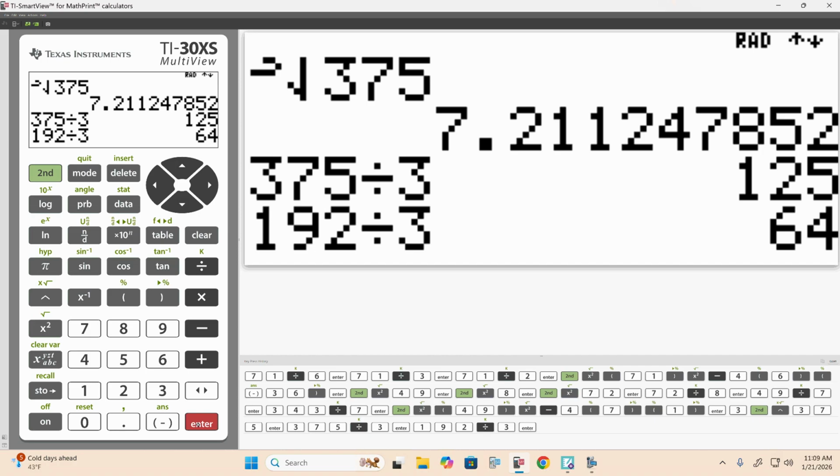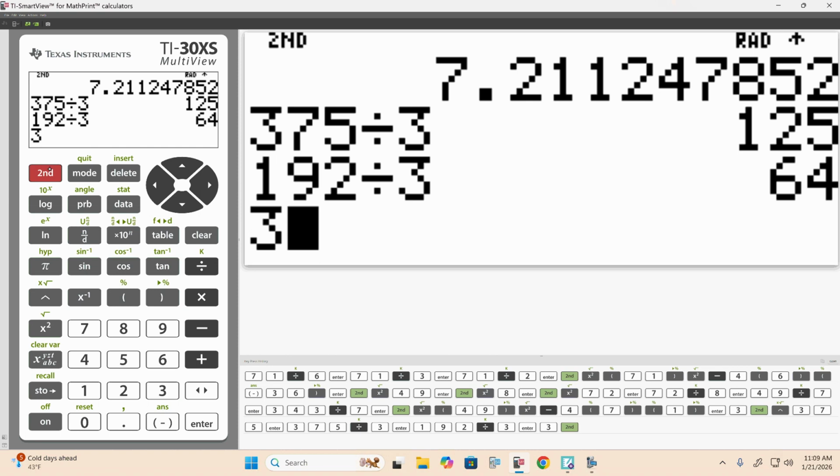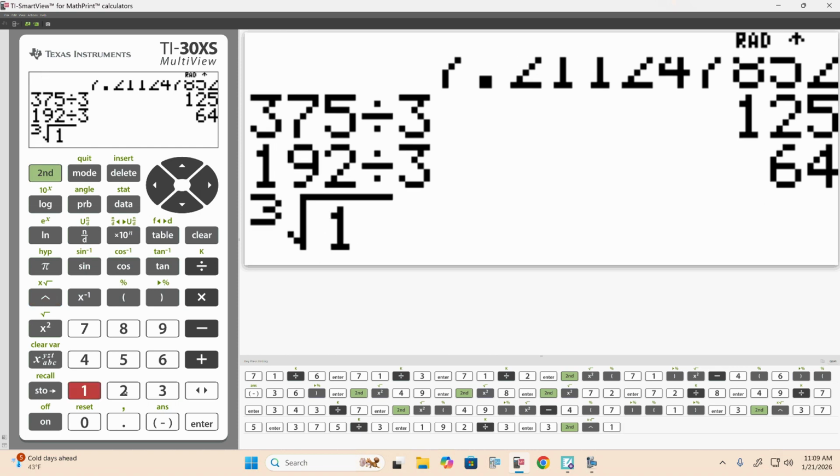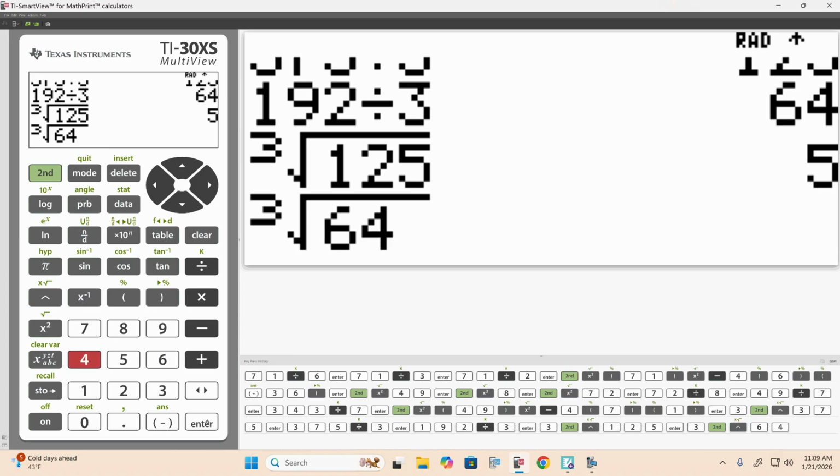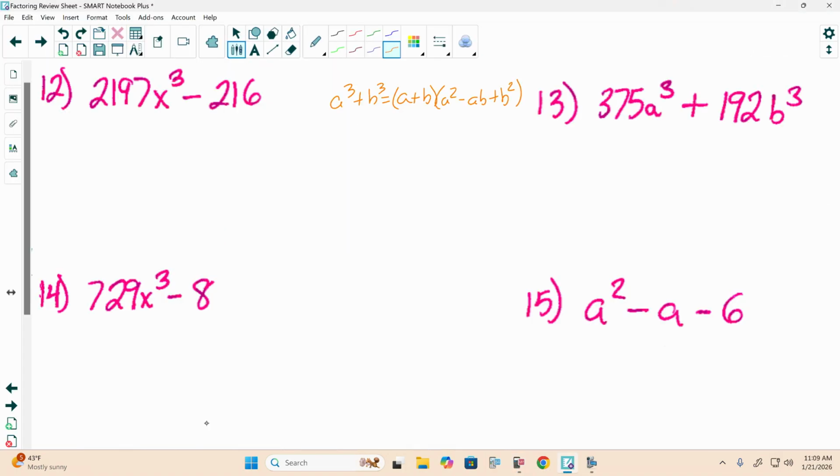Now we can make sure that these are the right numbers, because I can take the cube root of 125, and I can take the cube root of 64. So the greatest common factor had to be 3. So the first thing we're going to do is factor out a 3.